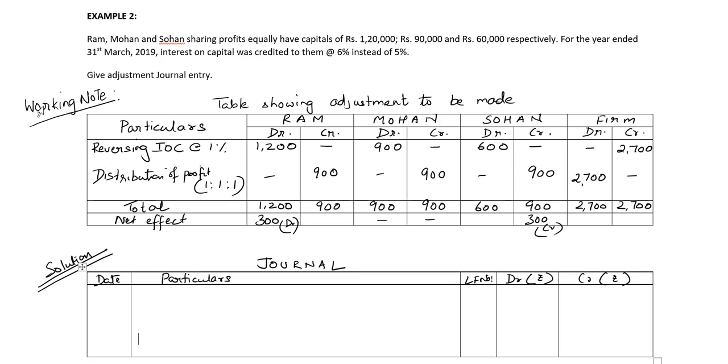We need to debit Ram's capital account. Ram's capital account debit to Sohan's capital account.